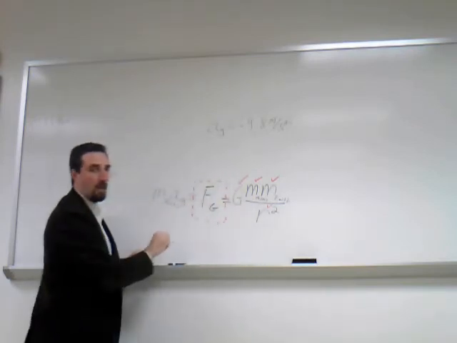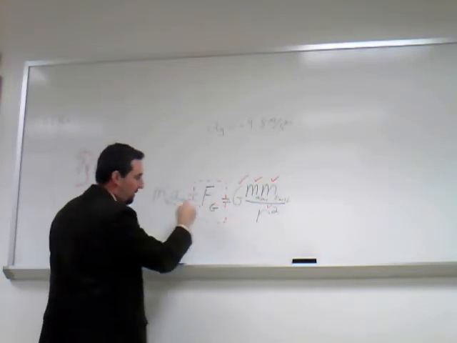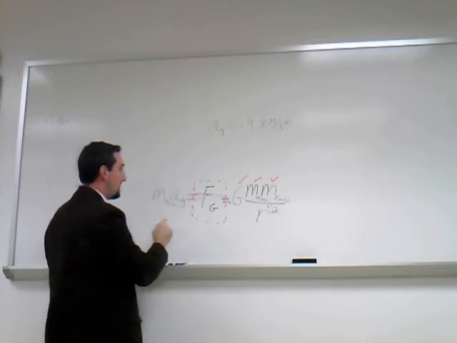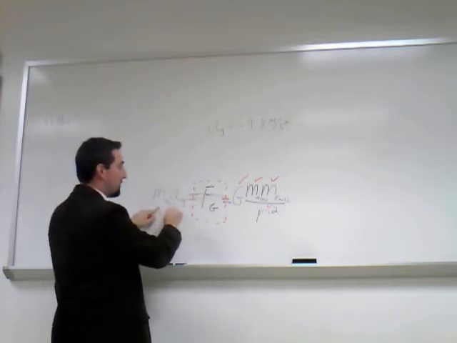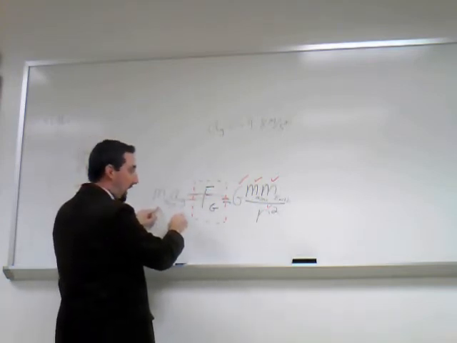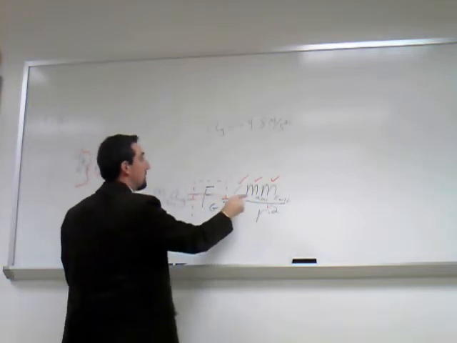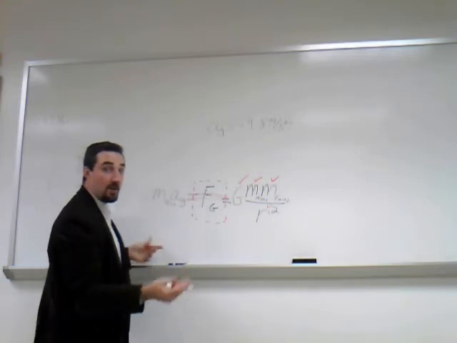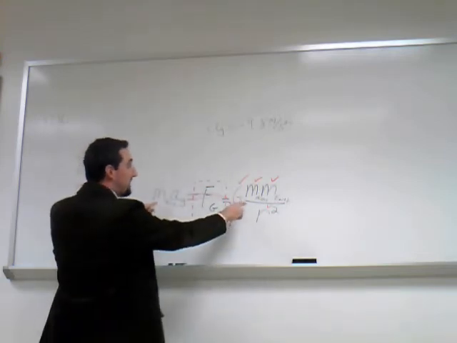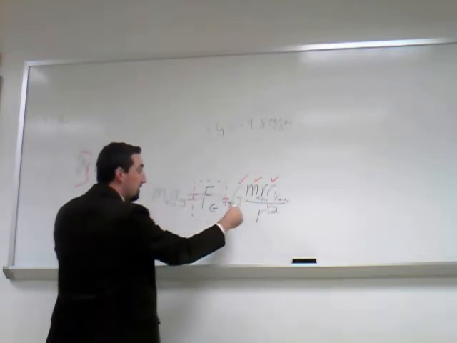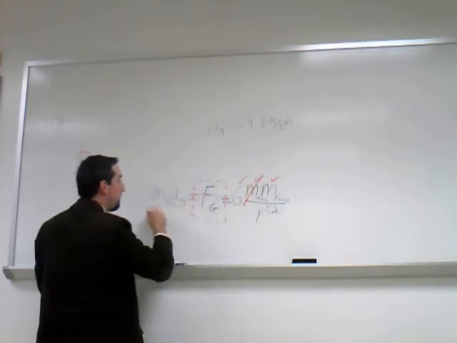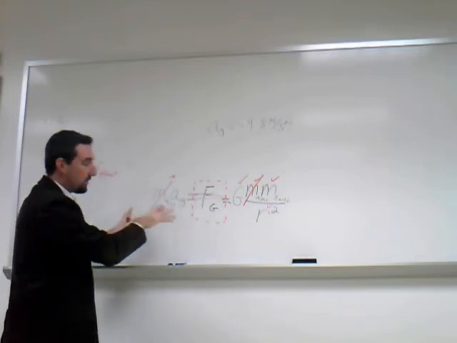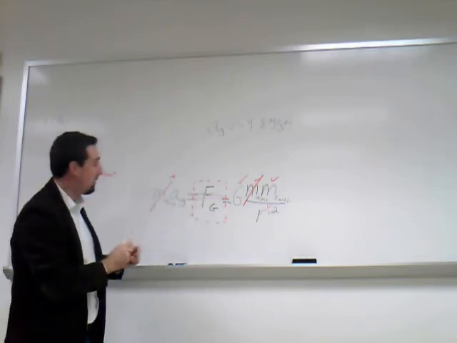Equal signs are like a bridge. And since I have two equal signs here, I can bridge that gap. And I can say that mass of my object times AG equals G times the mass of my object times mass of Earth over R squared. But what I notice, and this is the important thing that helps me, is that the mass of my object doesn't matter. So I can get rid of both of them. They go away. I can't write go to 0 because they're not 0. They just go away.